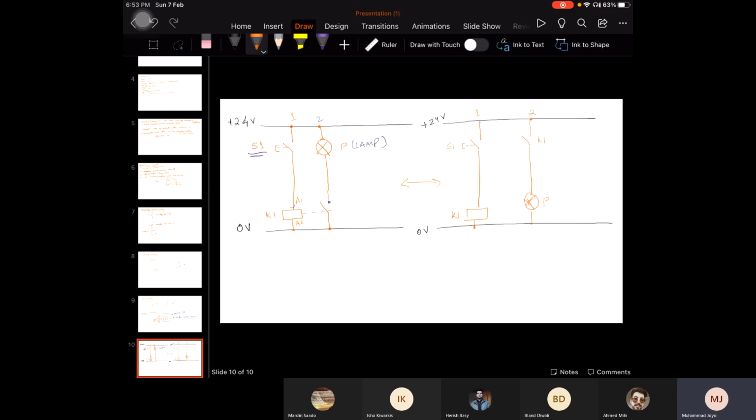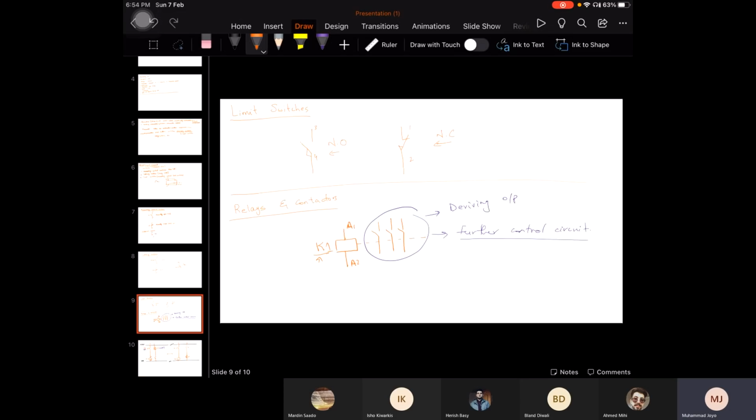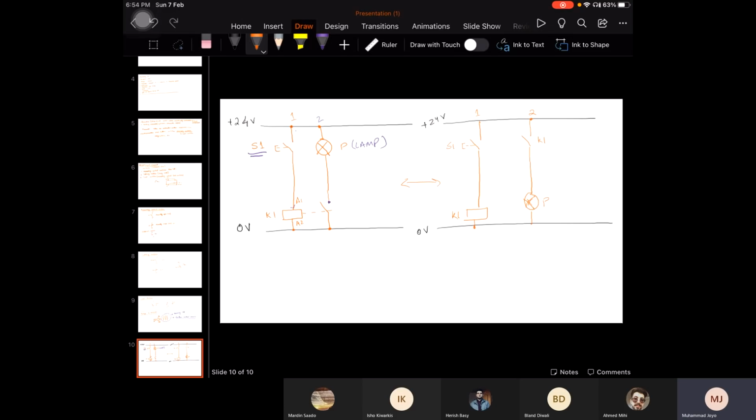You can see there is a coil of K1, but the switch of K1 is used in another network. There is a relationship, but I haven't shown it with a proper representation. So this can also be done in electrical control diagrams of electropneumatics.